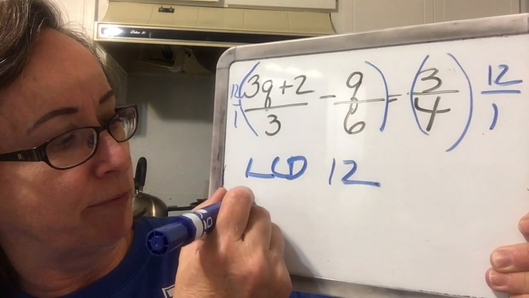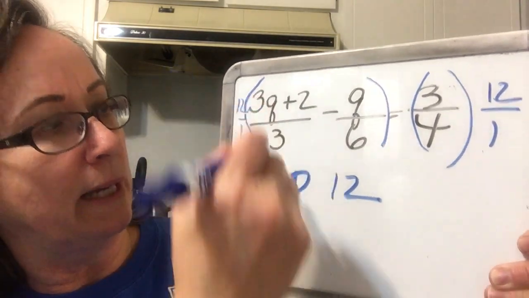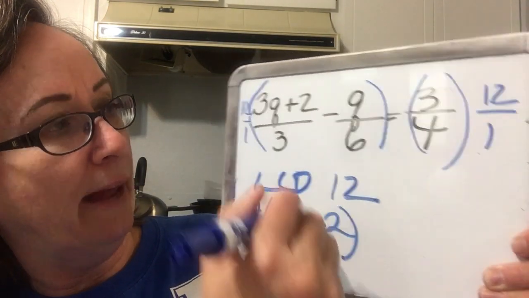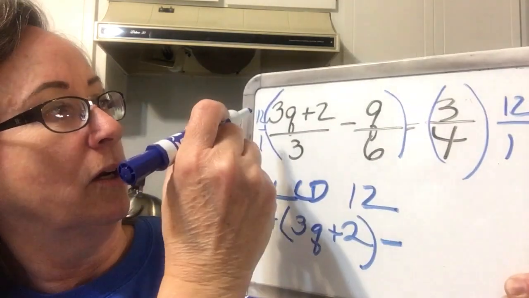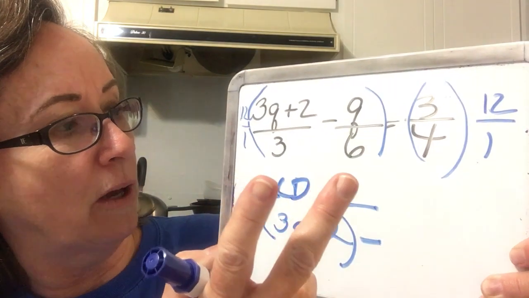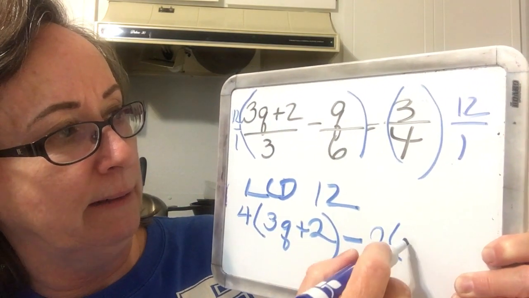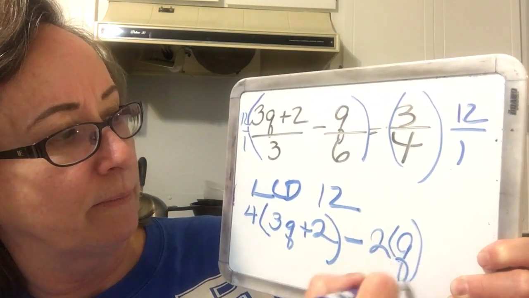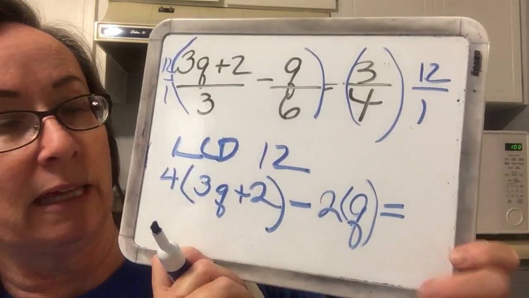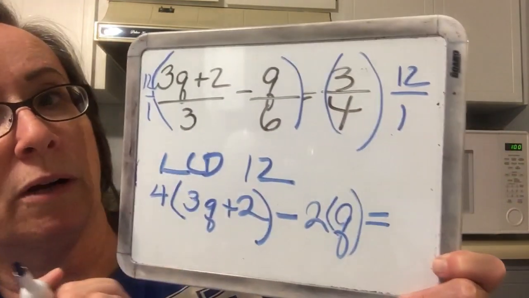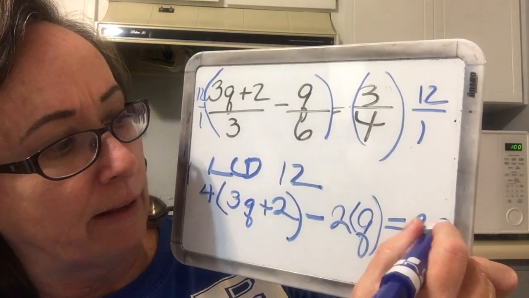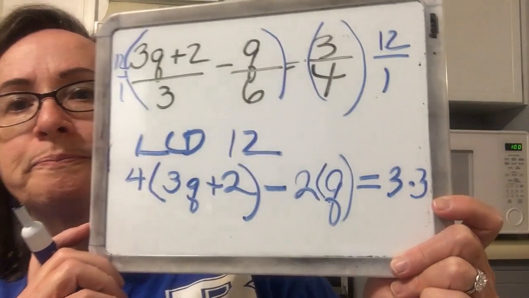So I wind up with 4 times 3q plus 2, and then minus, the 12 will cancel the 6 with the 2, so minus 2 times q. And then lastly, on the other side of the equal sign, the 12 and the 4 will cancel, leaving a 3, and we get 3 times 3 on the end, which is going to be 9.